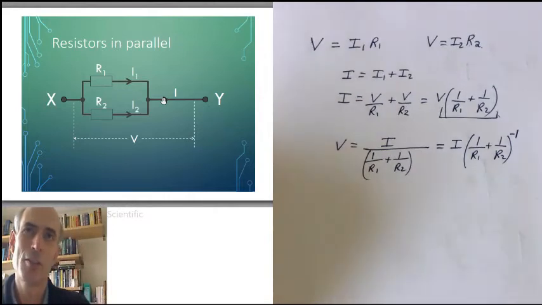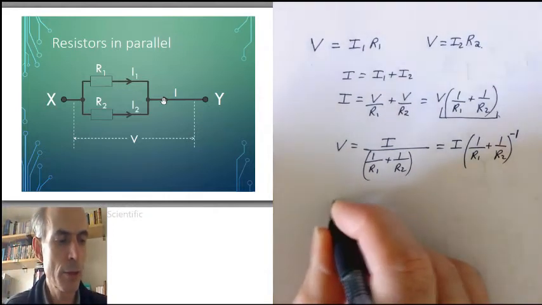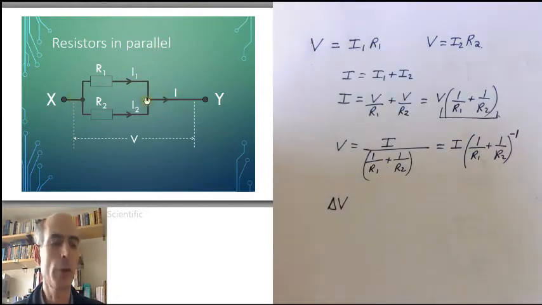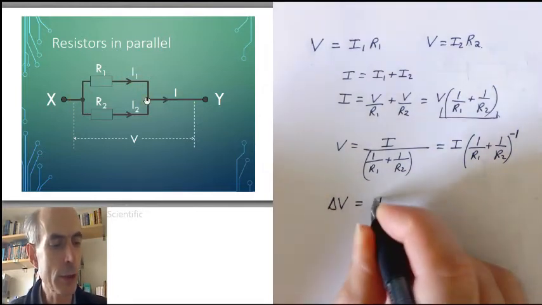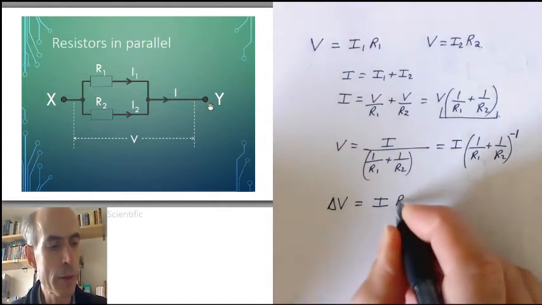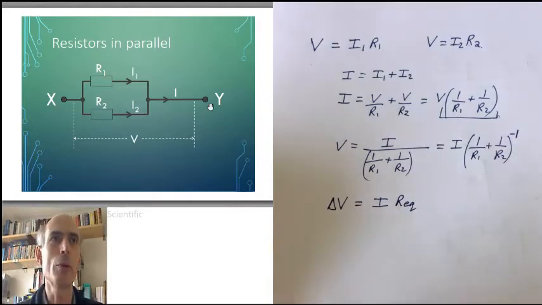Compare that to the form of Ohm's law: the total voltage difference across the network equals the total current flowing into or out of the network multiplied by the effective resistance of the network.